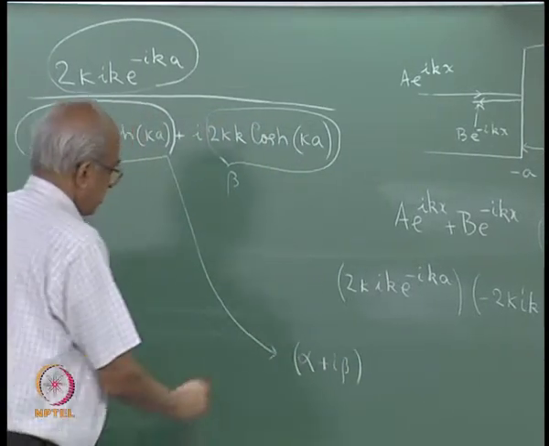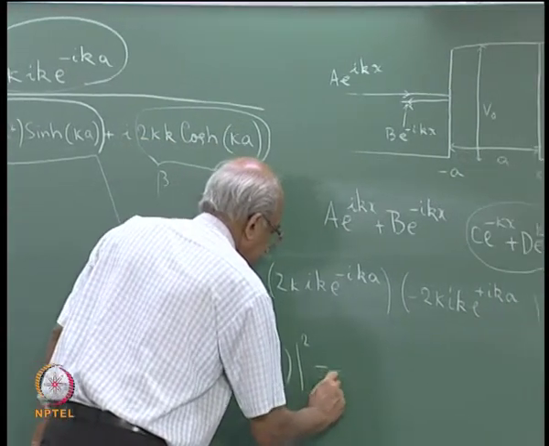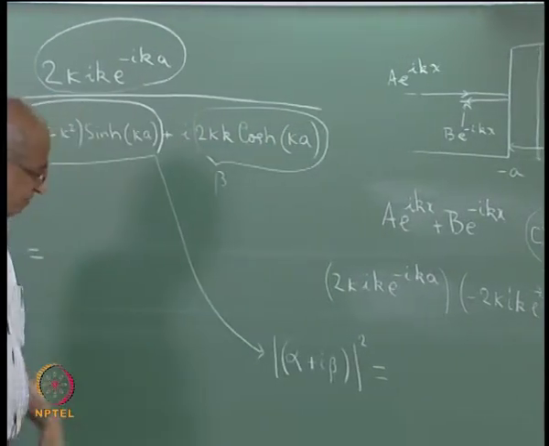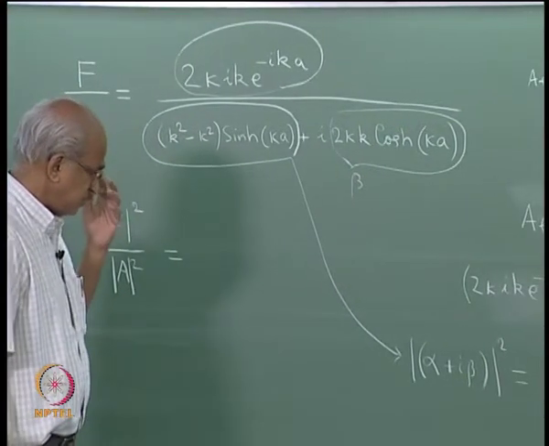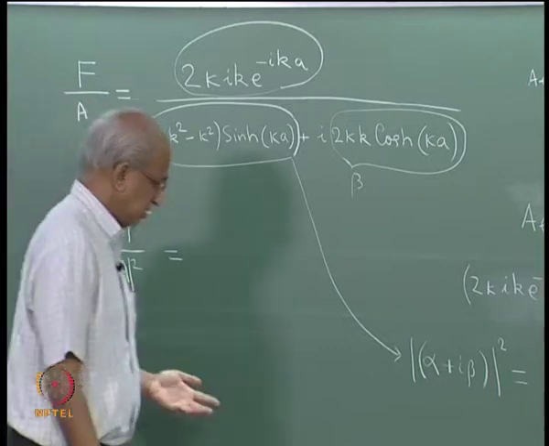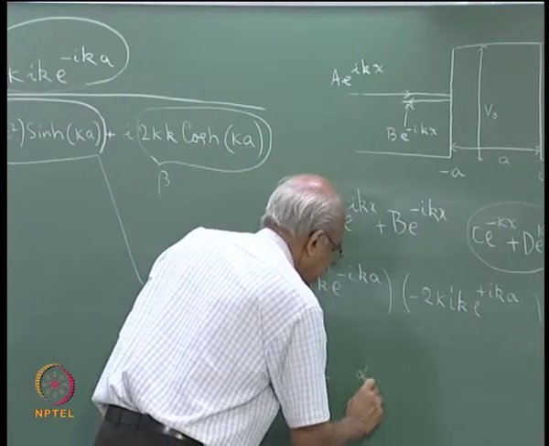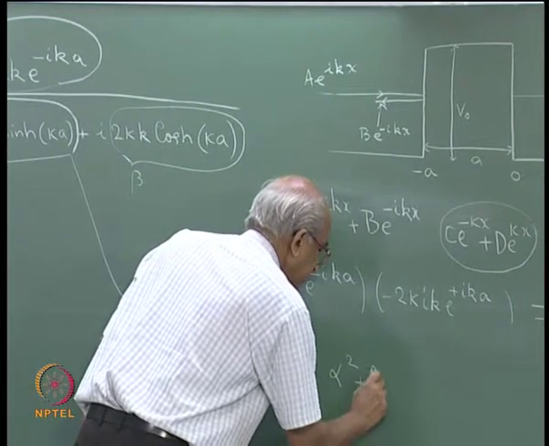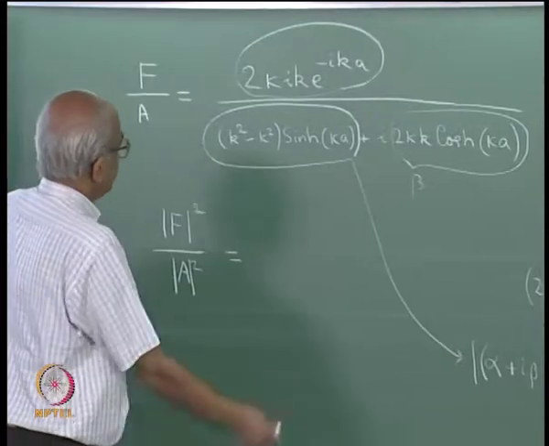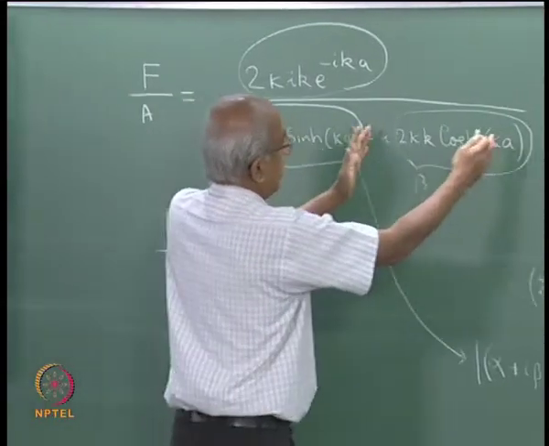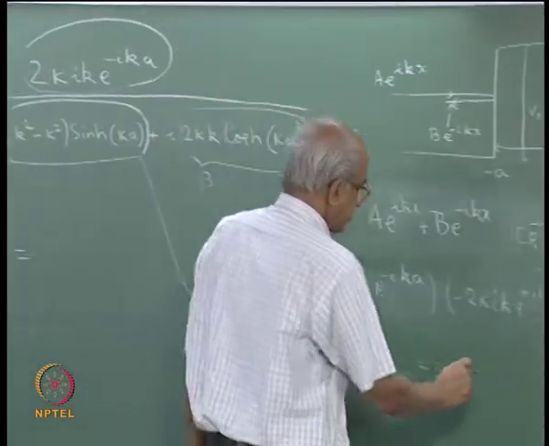And I want to calculate the magnitude of this square, and if you know a little bit about complex numbers, you would realize that this is nothing but alpha square plus beta square. And so what I have to do is take the square of this, add to it the square of that. So what would be the result?